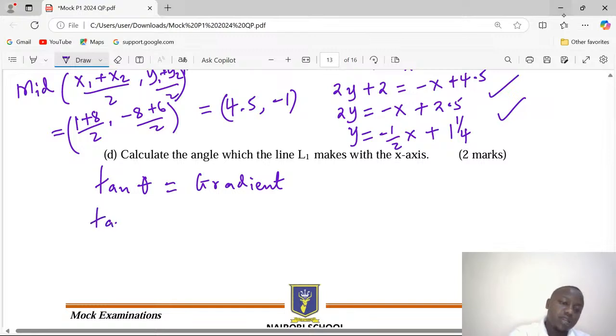So tan of the known angle equals the gradient of 2. And for us to get the angle, we have to take the tan inverse of 2.